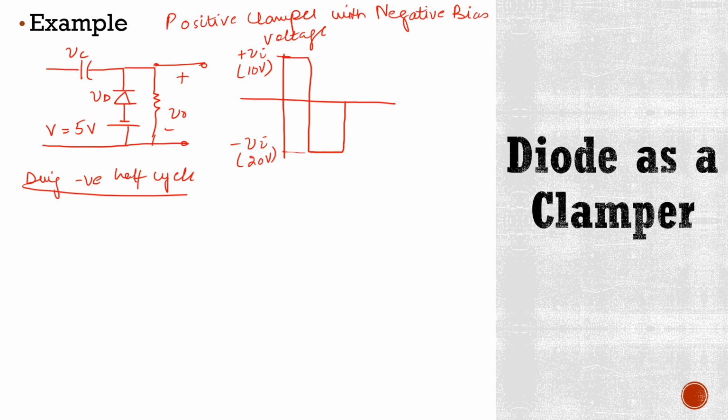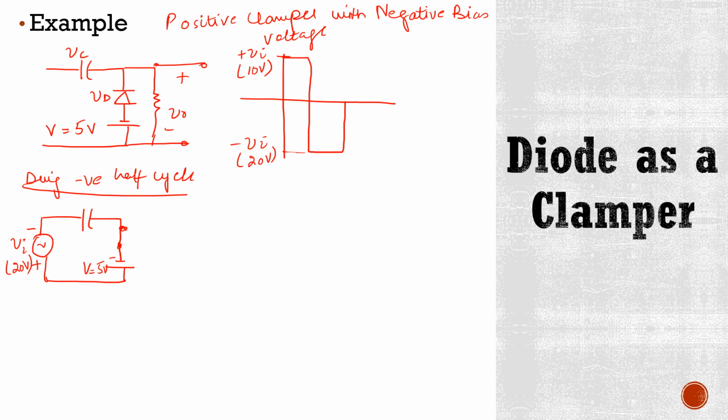So your circuit will become like this. Now this diode is short, and here we are talking about negative half cycle. So this terminal is negative, this is positive, and here we know that during negative half cycle we have 20 volts. This is V, which is 5 volts.